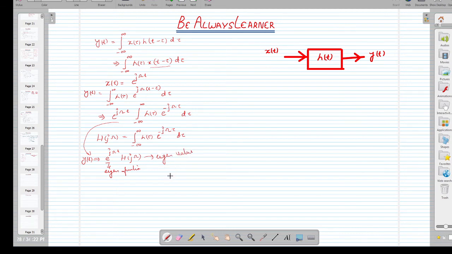Now let us represent the term H(j omega) as the magnitude response, and also we can represent the angle of H(j omega) as a phase response.